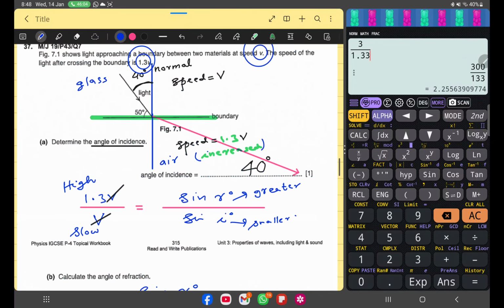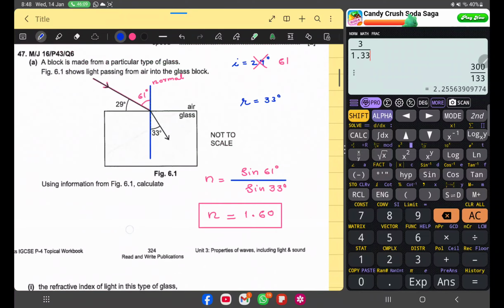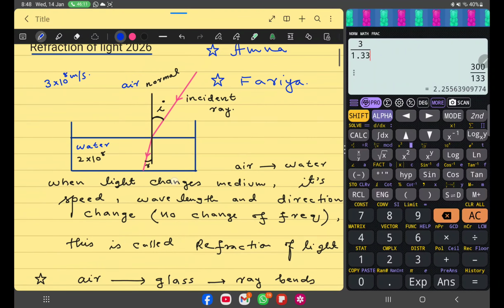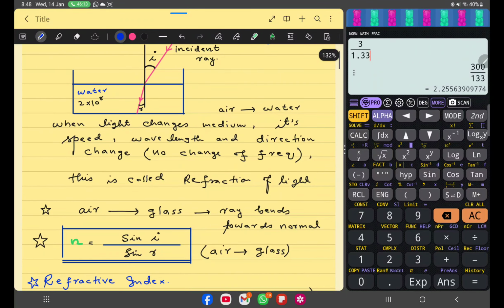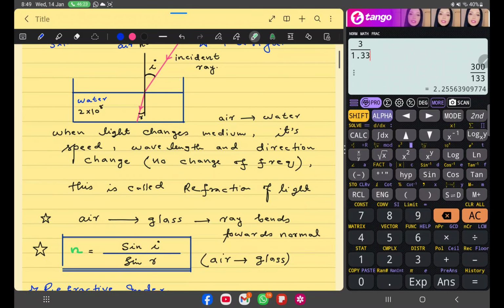So the first topic of today's class is completed. The topic name is refraction of light. In this topic, I taught you that when light traveling in air enters into glass or water, its speed changes, its wavelength changes, its direction changes.